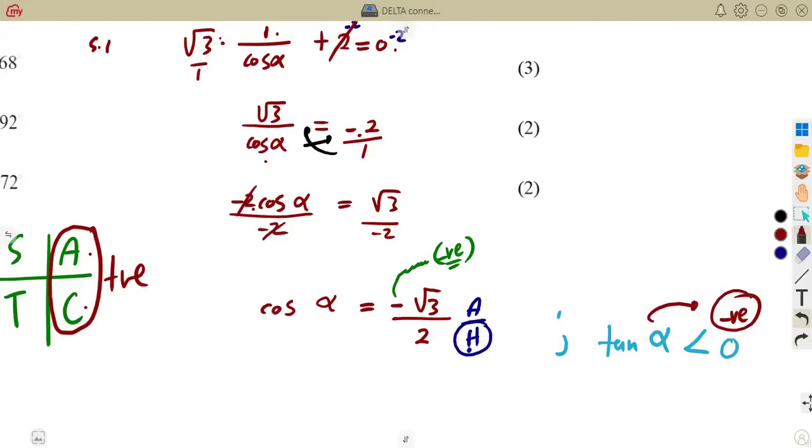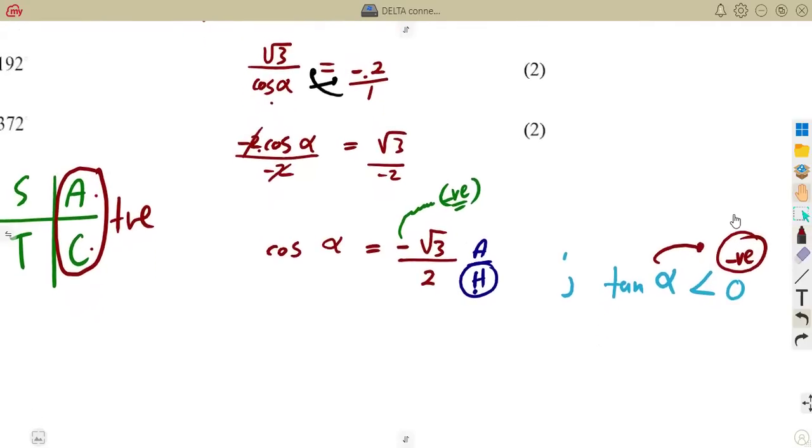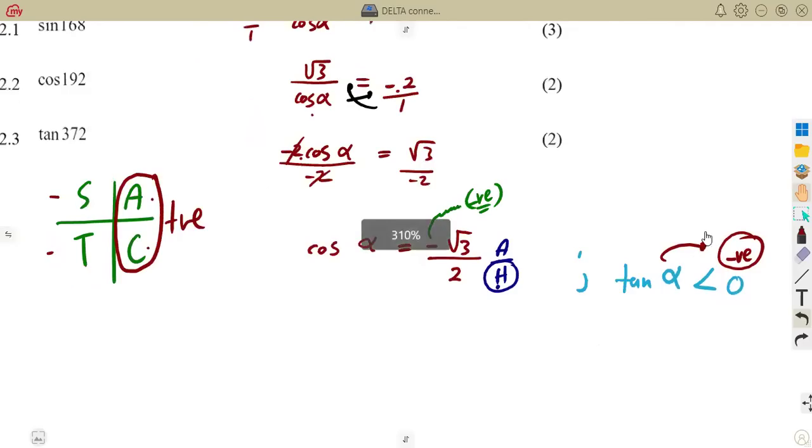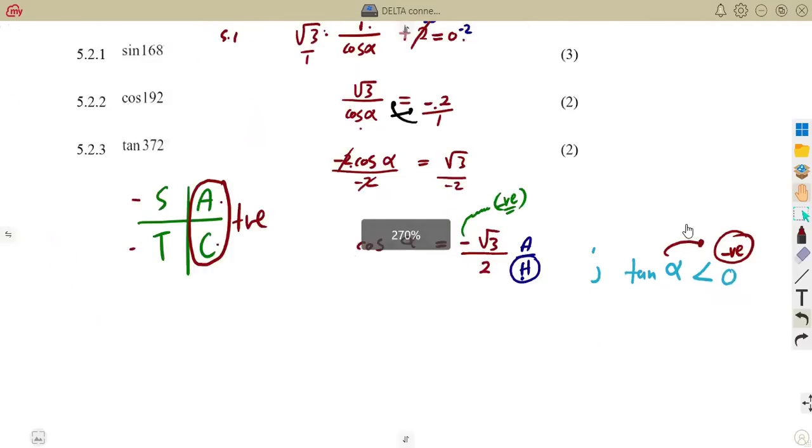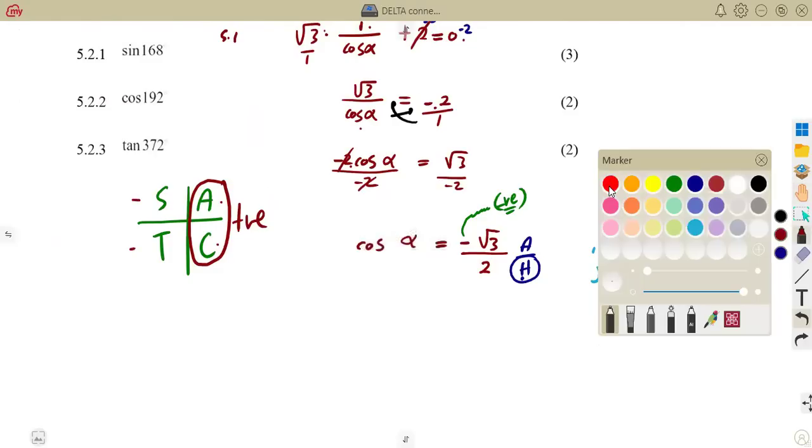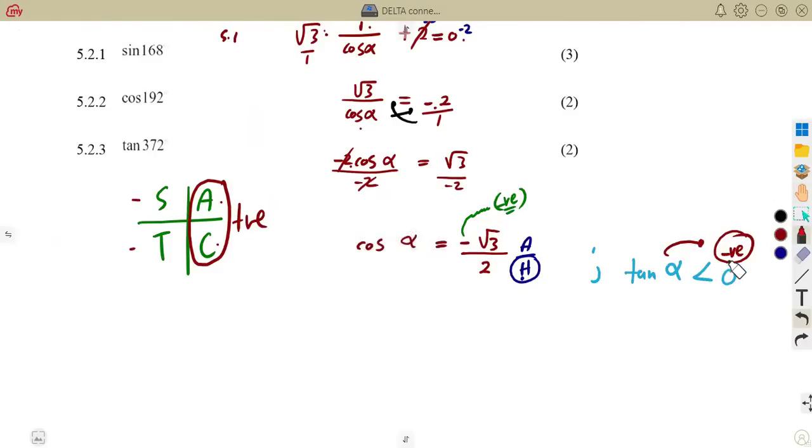The tan of alpha is a negative. So we need a region now where both ratios are negative. As you can see here, cos is negative, tan is negative. Which part? Here we know this is the quadrant of a tan. Tan is positive. So it fails now because tan is positive here.